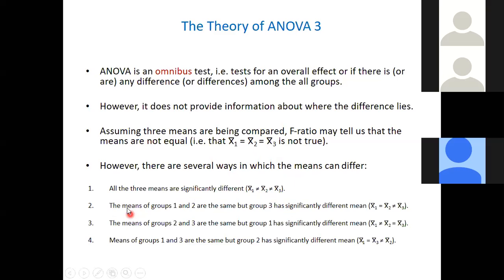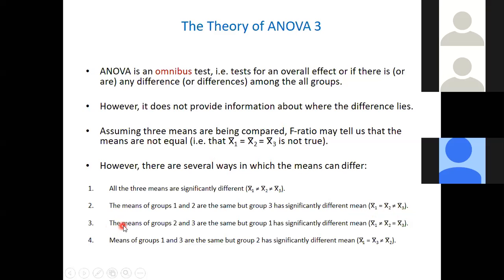That's one scenario. Another scenario: the means of groups 1 and 2 are the same, but group 3 has a significantly different mean. So it's mean 3 that differs from the other 2.